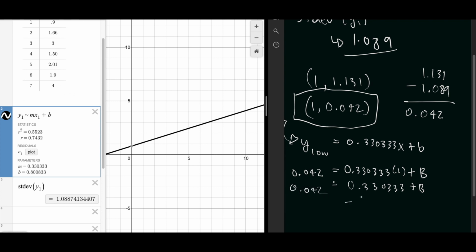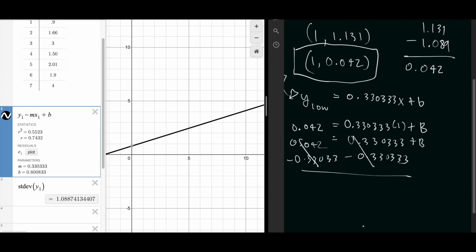We subtract this number from this side, and we get negative 0.288333 equals b.